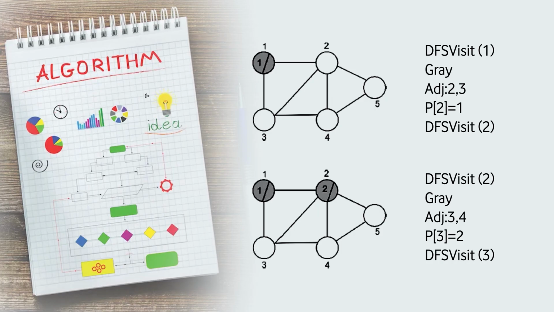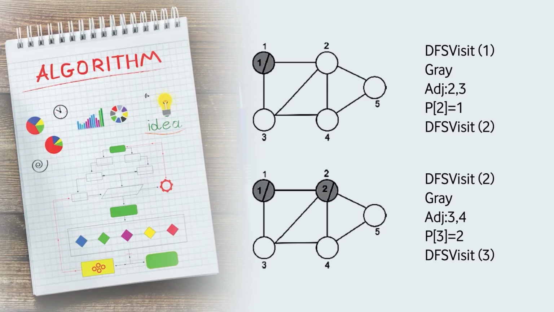When it is given to the DFS visit function, the first step is to mark it as gray. It means that the node is being visited. Now the next step is to add the nodes that are adjacent to 1.